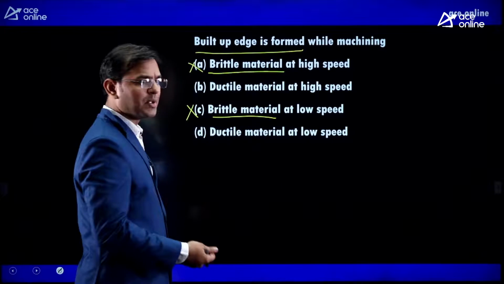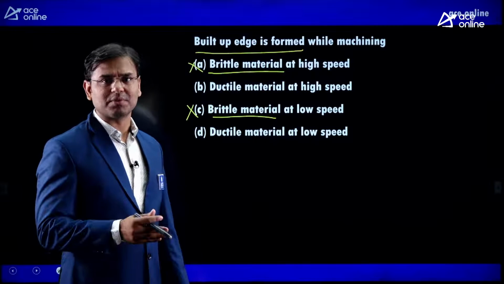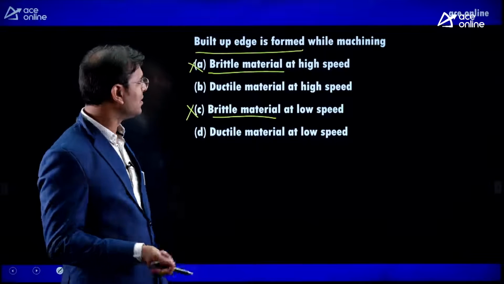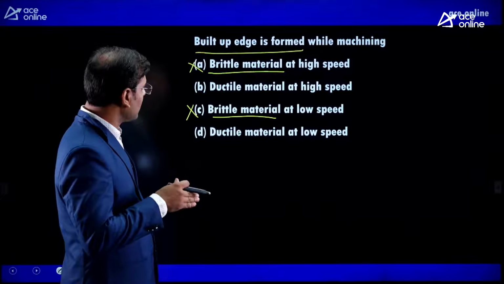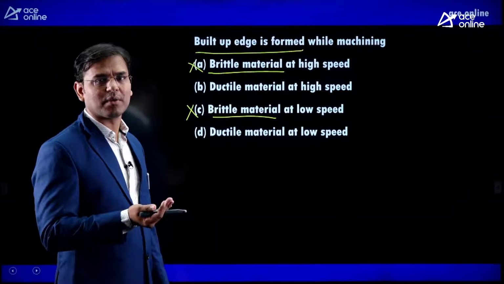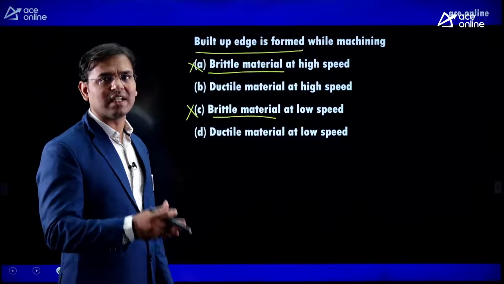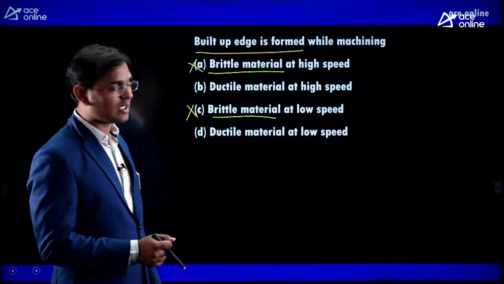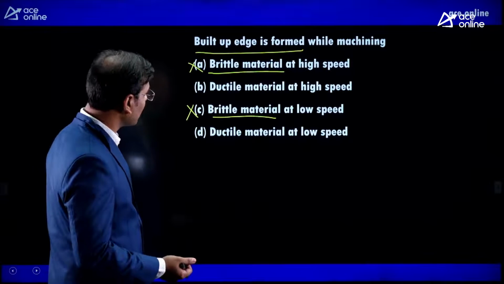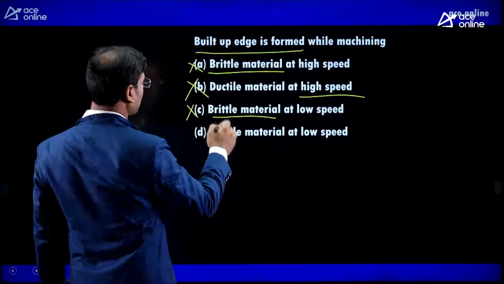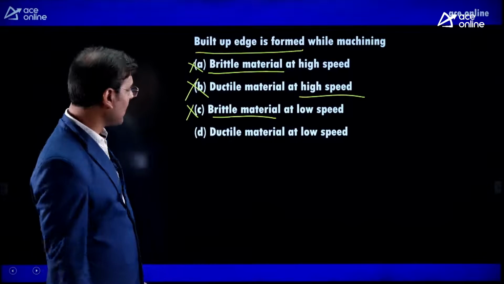Ductile material with high speed, no time is available for the chips or some small particles of the chips to stick. Here is the contact between the tip of the tool and chip, and because of that contact the friction is there, heat is going to generate, and the particles of chip are going to stick on the tip of the tool. But with ductile material at high speed, it is not possible to stick because no time is available.